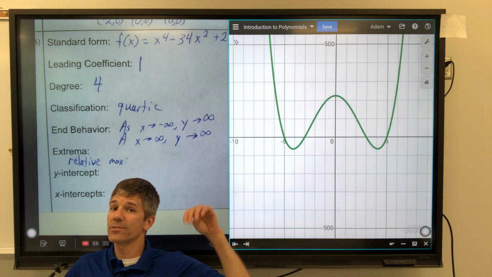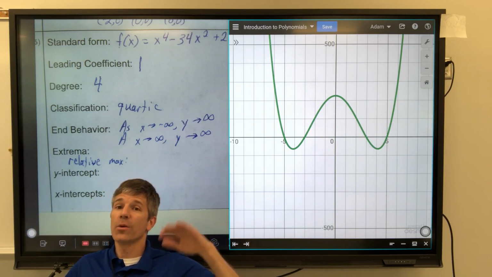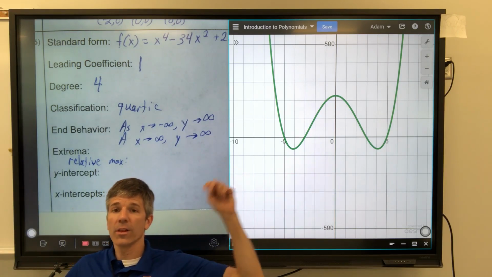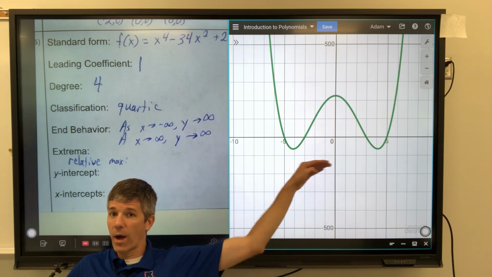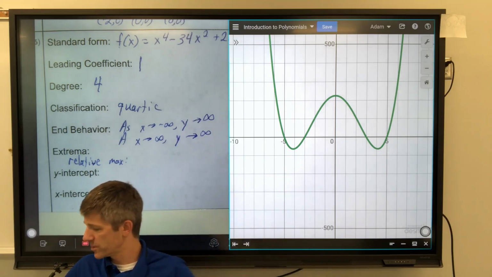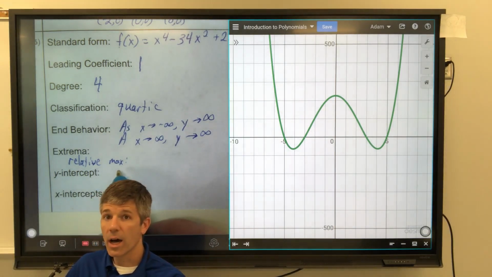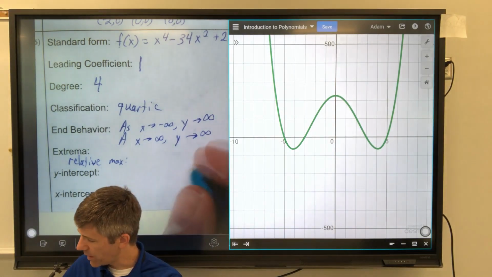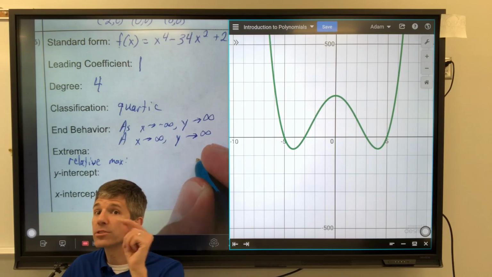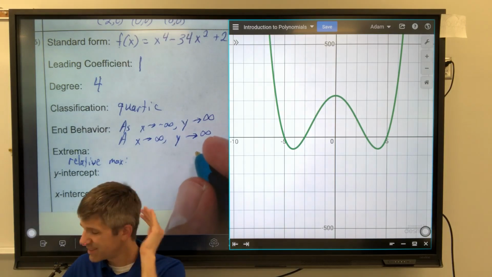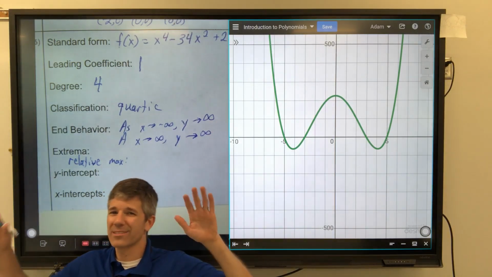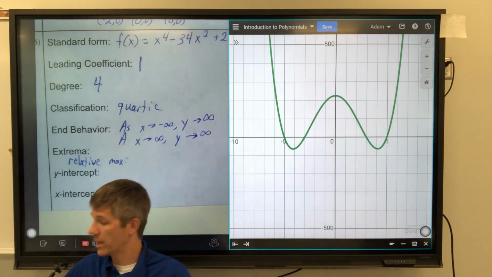So it never goes down to -infinity. So that is truly, here and here, the lowest it gets, and they are at the same y value. So there's a tie for the lowest point. So we have one relative max, and we're going to have 2 absolute minimums. It is the minimum. It's not some minimum in some little area. It's the lowest point you ever get to.